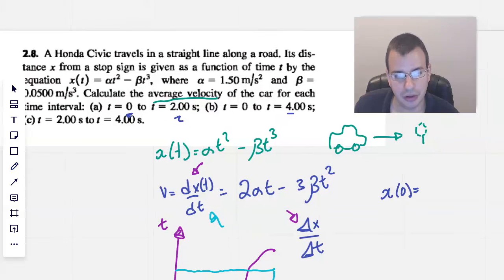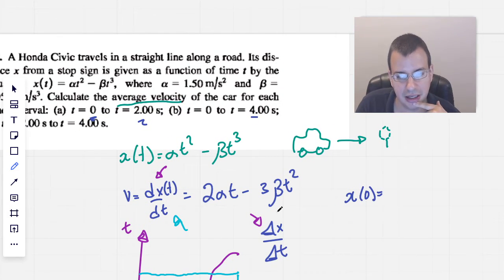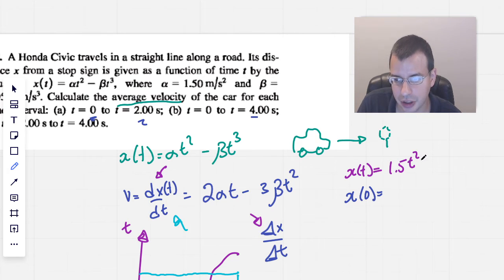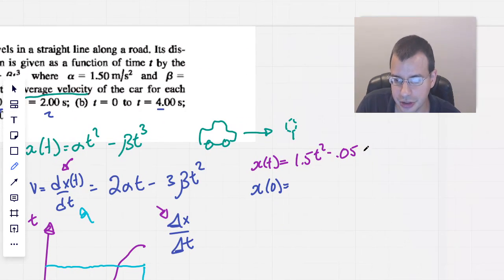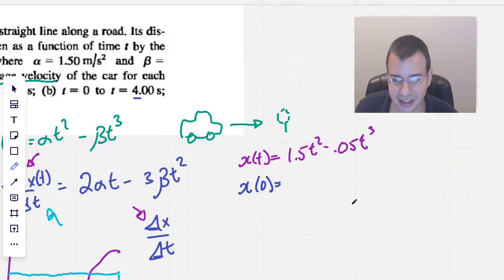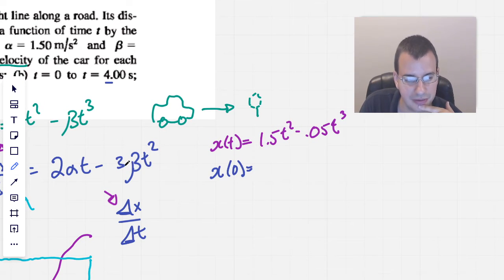So I'm going to rewrite x(t) one more time as 1.5t² − 0.05t³, so I can see what it's going to be for each of them.